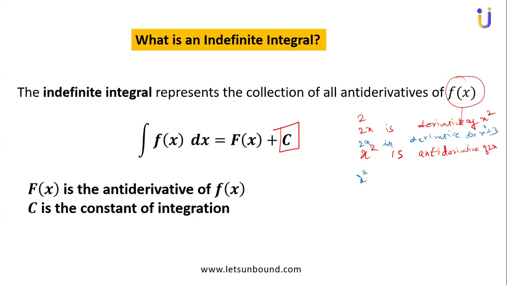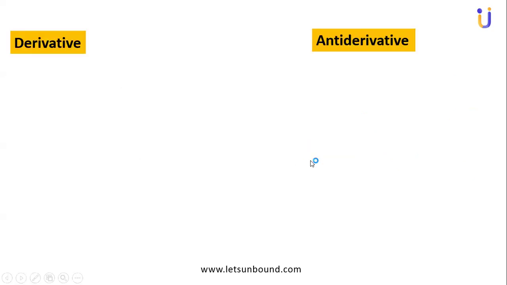Then what I say? X square plus 3 is an antiderivative of 2x. Yeah, you can just change the constant. So there are many possibilities here. That's why we introduced this special term, called the integration constant.